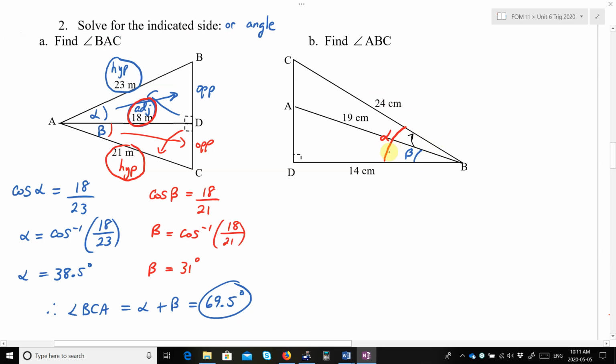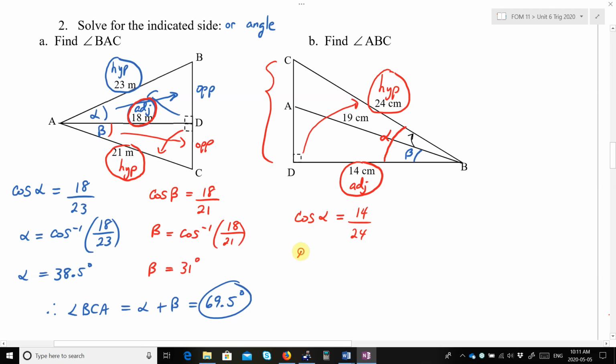Okay, so to first of all get alpha, this side over here would be right across from alpha, which is the opposite, and across from the 90, we're working in the big triangle, is the hypotenuse. And so this would be adjacent. Okay, so I have adjacent and hypotenuse. That comes from cos. So I would say cos of alpha is equal to 14 over 24.